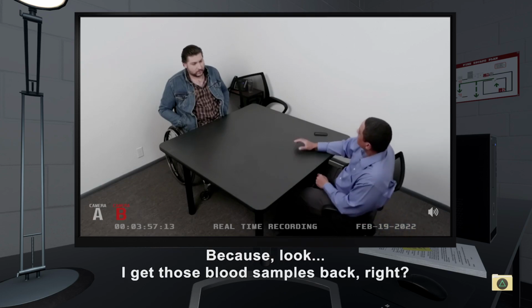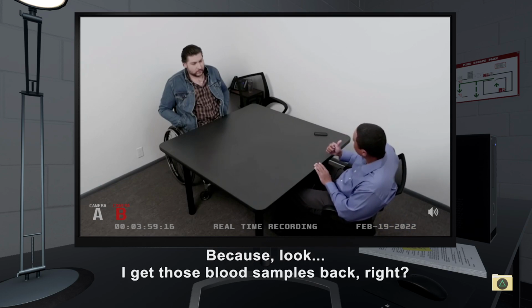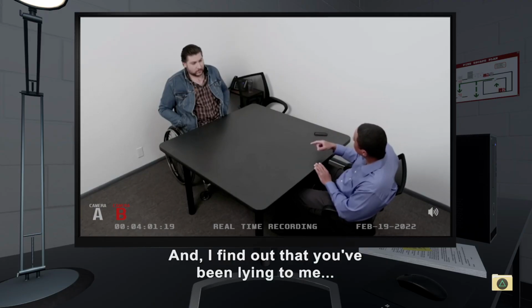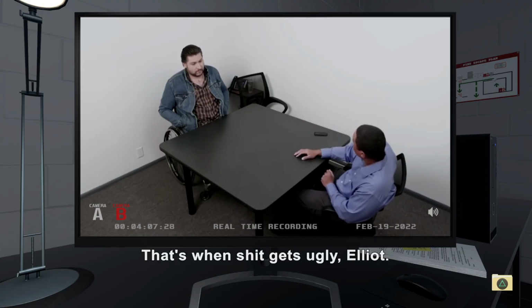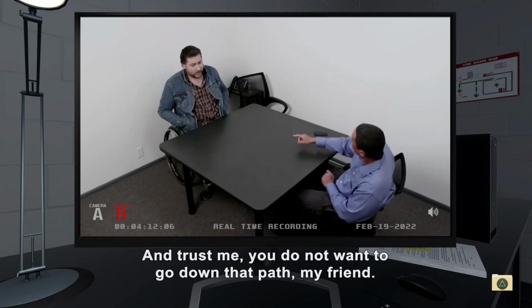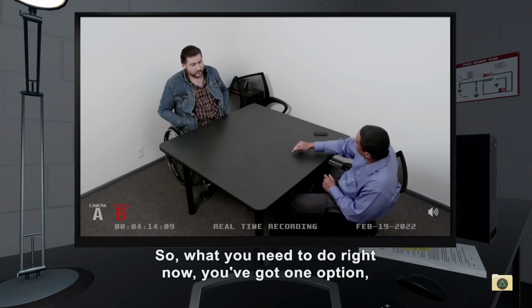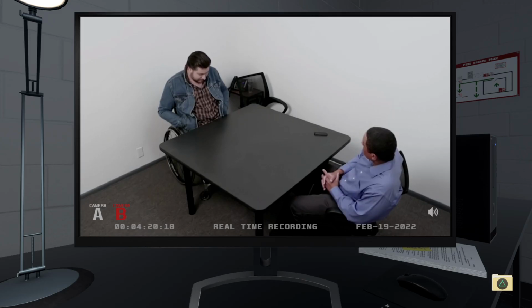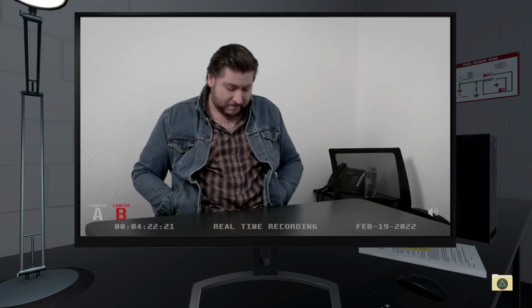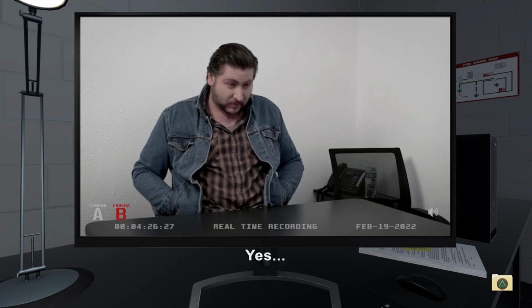Because, look, I get those blood samples back, and I find out that you've been lying to me and that you don't have any Oxycontin in your system and you haven't been taking those pills. That's when it gets real ugly. And trust me, you do not want to go down that path, my friend. So what you need to do right now, you've got one option, and that's tell me the truth. Yes. There you go.